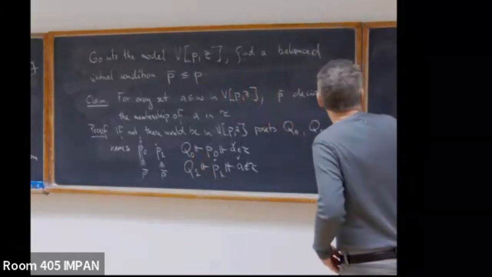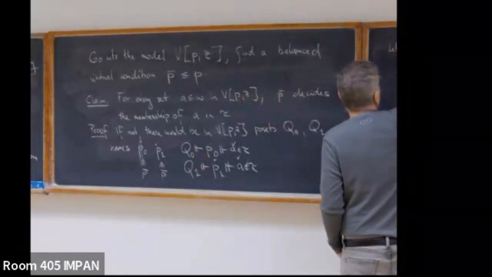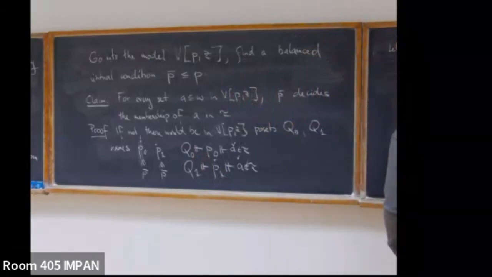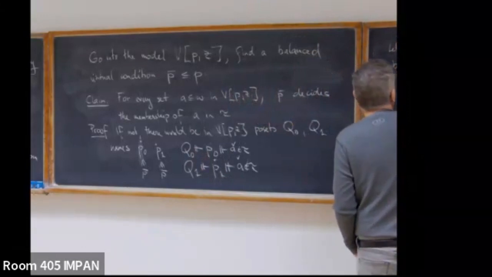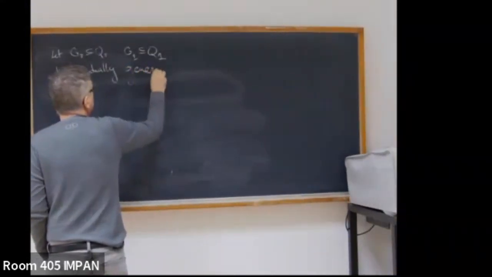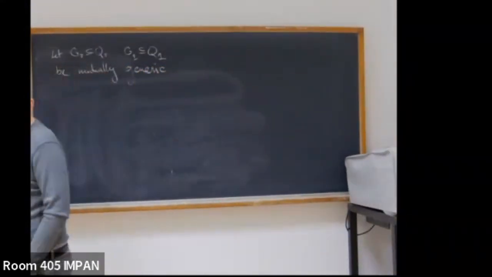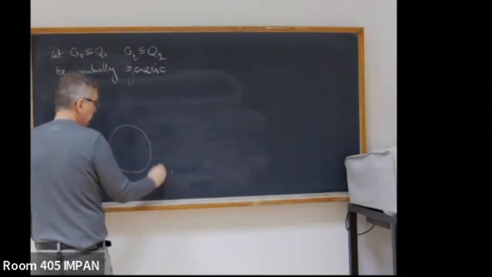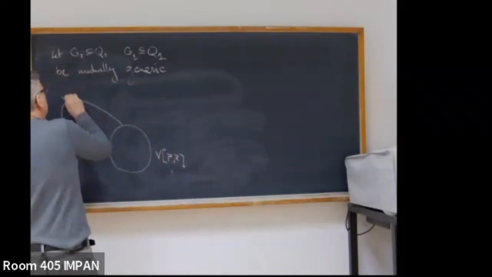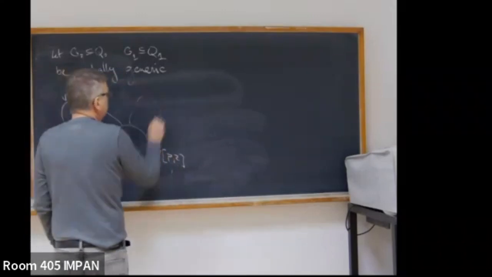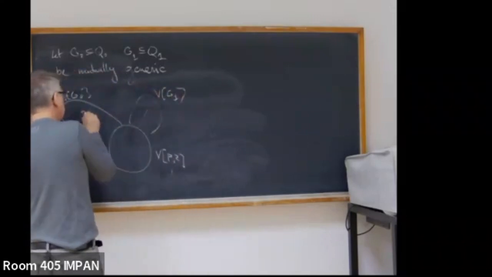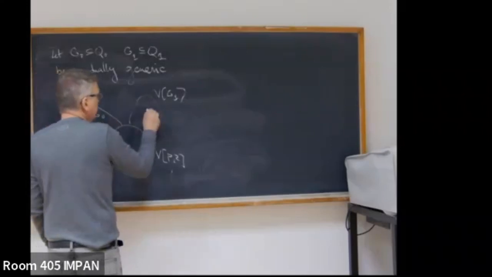Now, let P0 subset of Q0 and P1 subset of Q1 be mutually generic. And now look at the diagram that you get. Here is the VPZ. There's one VP0, there's one VP1, and there's P0 and P1.